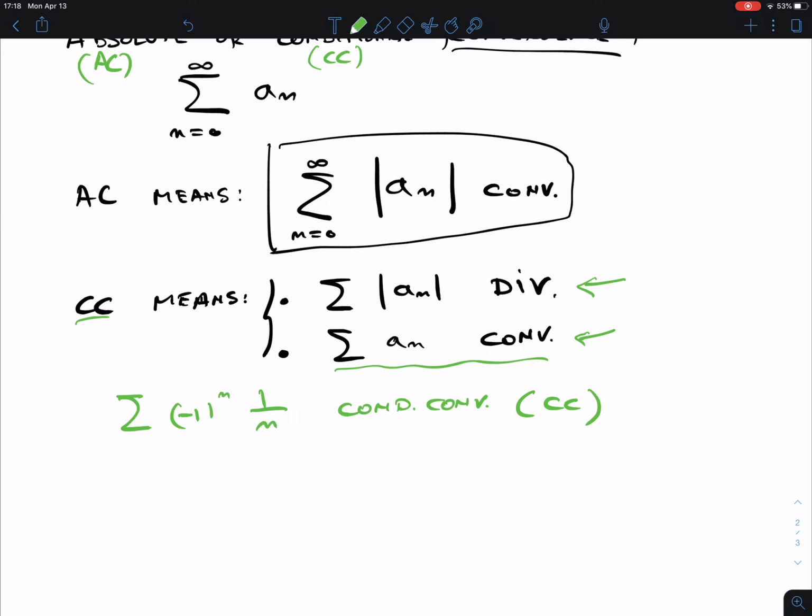I didn't say that for absolute convergence, but it follows from it. This is something I'm not going to prove, we just accept this: if you ignore the signs and it's convergent, then actually the original series is also convergent. So that's why we don't talk about this second condition in the first case, because it's automatically true.